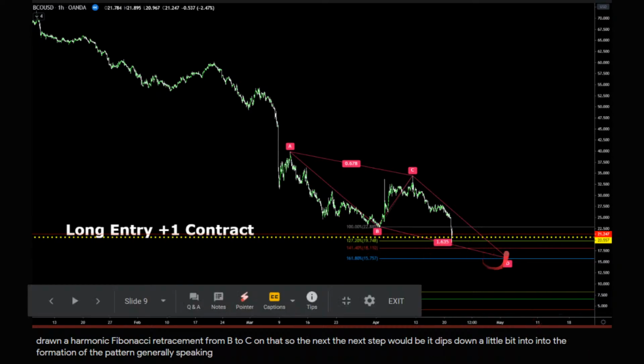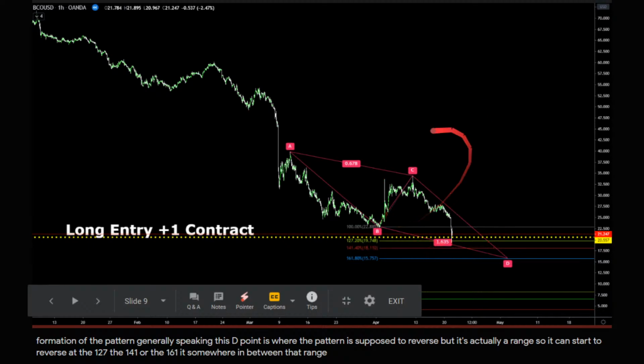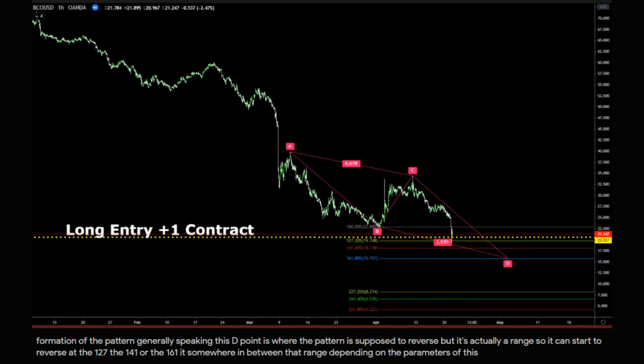Generally speaking, this D point is where the pattern is supposed to reverse, but it's actually a range. It can start to reverse at the 127, the 141, or the 161. It's somewhere in between that range, depending on the parameters of this pattern.